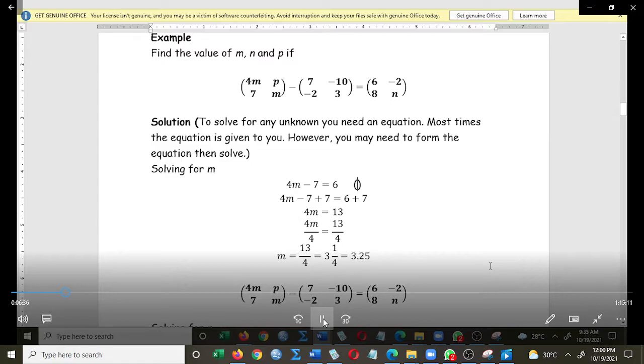What was done there? What happened there? For m was taken, and what was created here? A cancellation.